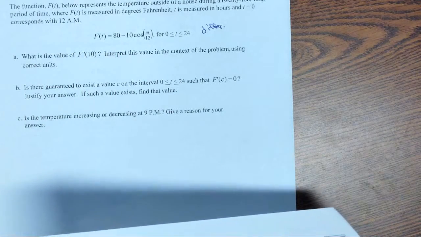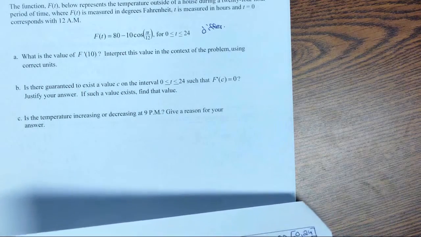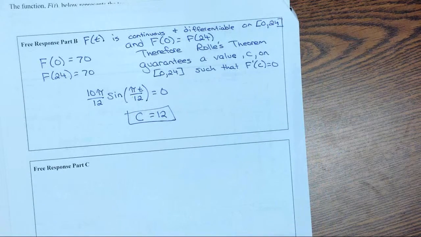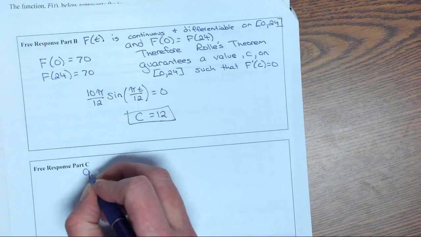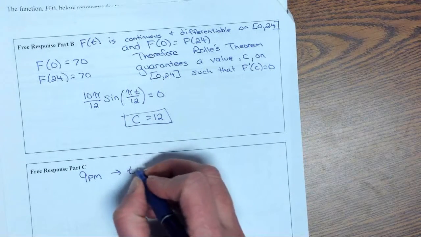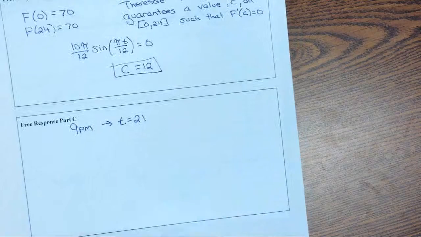Free response part C. Is the temperature increasing or decreasing at 9 p.m.? Well, increasing or decreasing has to do with slope, our first derivative. So I need to plug in 9 p.m. Wait, that's not 9. If I plug in 9, that's 9 a.m. 9 p.m. is going to be at t equals 21.